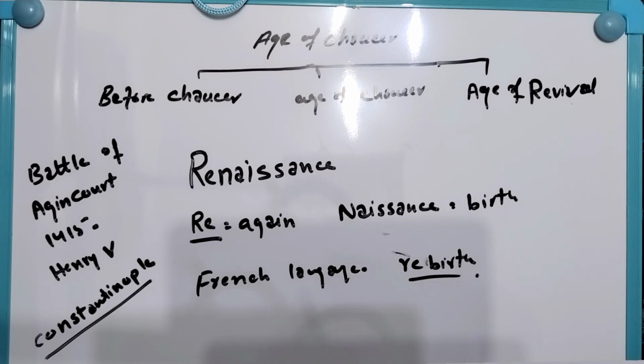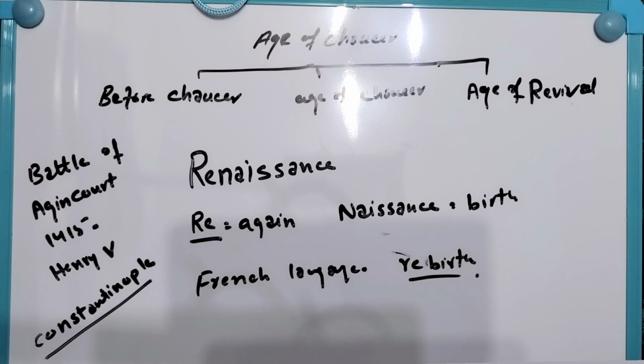This was the time when people started looking back at the ancient Greek and Roman texts. A lot of the Greek and Roman texts were circulated due to the Crusader War, as I told in my previous video. Because of the Crusades, Greek and Roman works spread throughout the world and people started reading them.